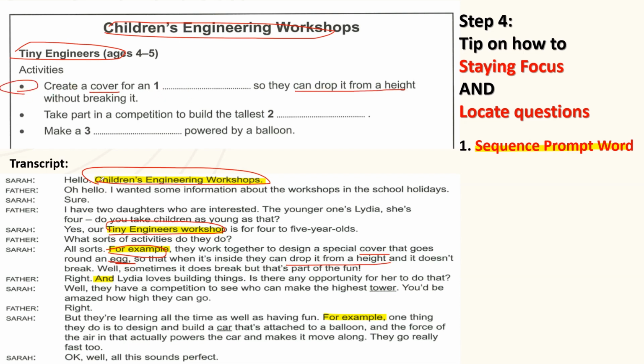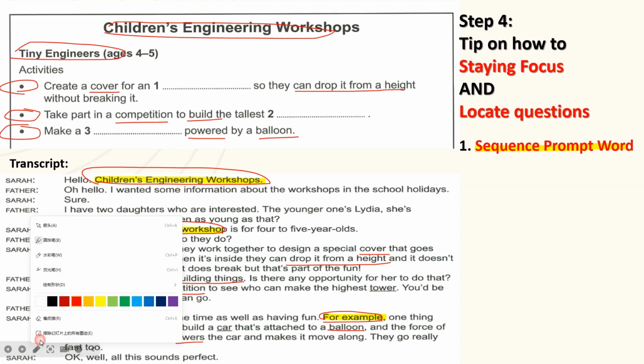Later, the word and appears, followed by building things, and further down, competition matches the words in the question. Finally, for example, and balloon power in the transcript correspond to power balloon in the third point of the question.